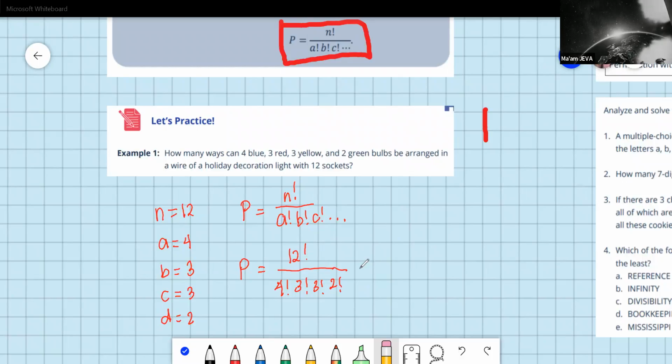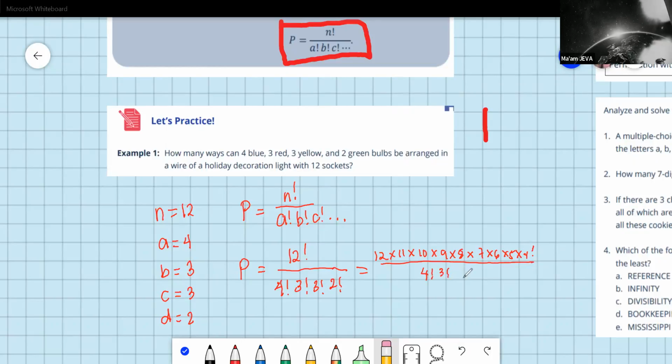So how are we going to evaluate that? Let's simplify and see what we can eliminate. So 12 factorial is equal to 12 times 11 times 10 times 9 times 8 times 7 times 6 times 5 times 4 factorial, so that we can eliminate the 4 factorial.